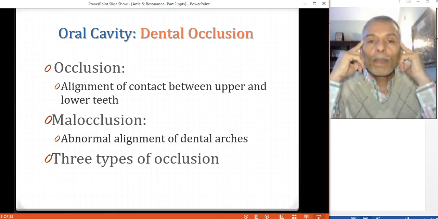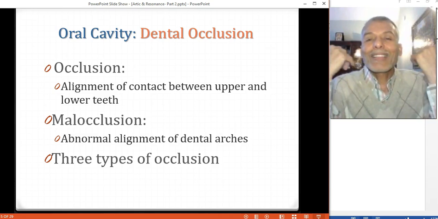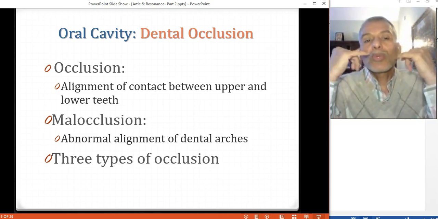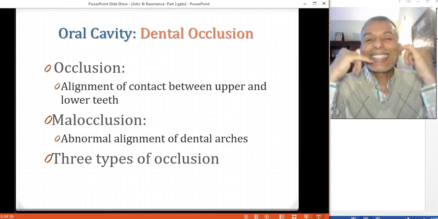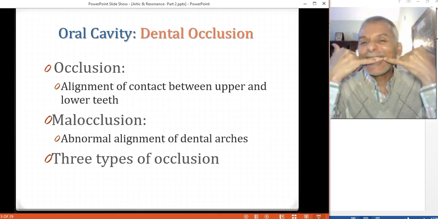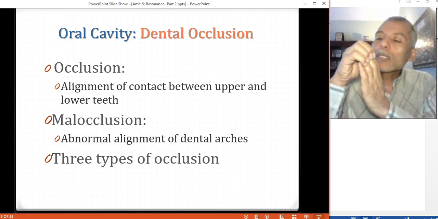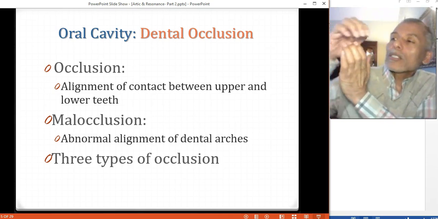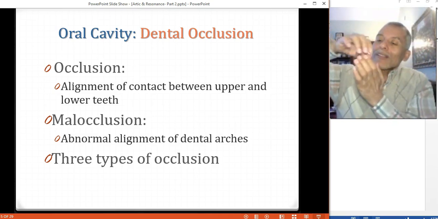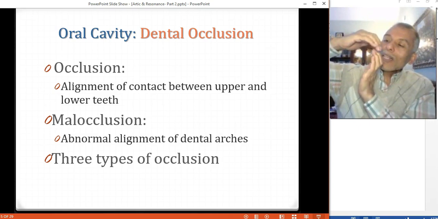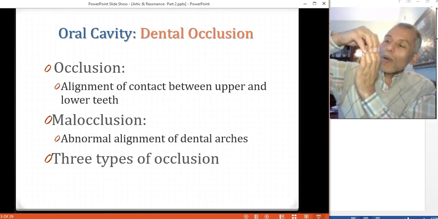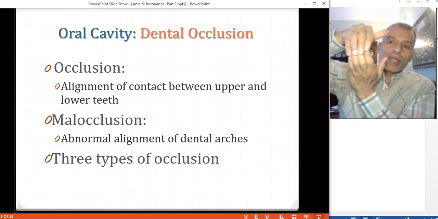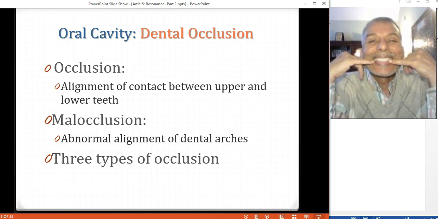Normal occlusion involves, you could see it, alignment of basically the contact between the upper teeth and lower teeth is in a way that the upper incisors cover part of the lower incisors. So here are the upper incisors, here are the lower incisors. So the upper incisors protrude forward and they cover part of the lower incisors. So that's the normal process here.